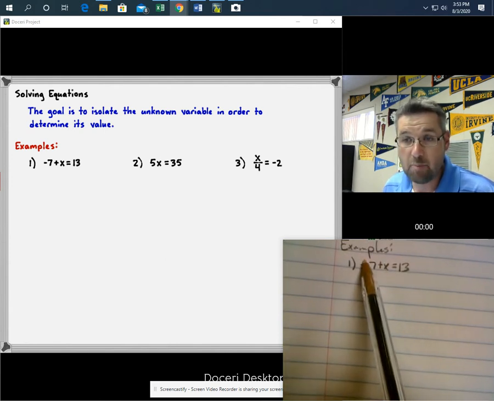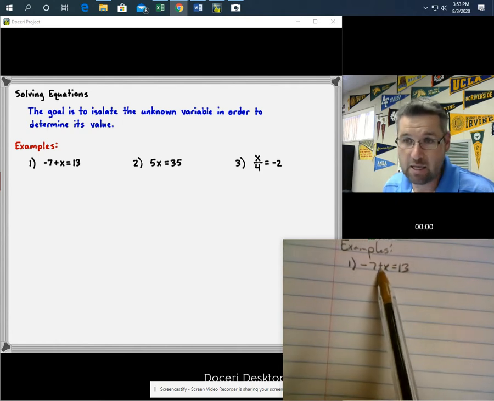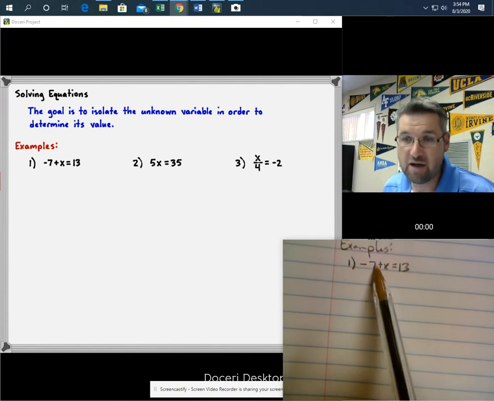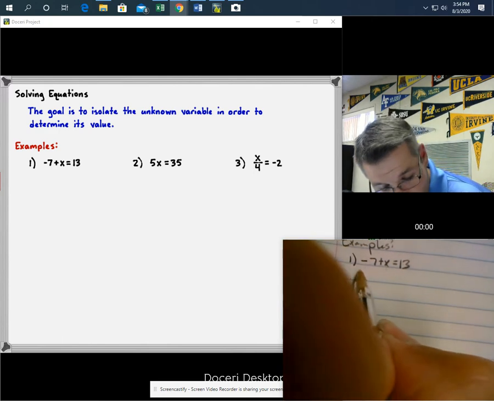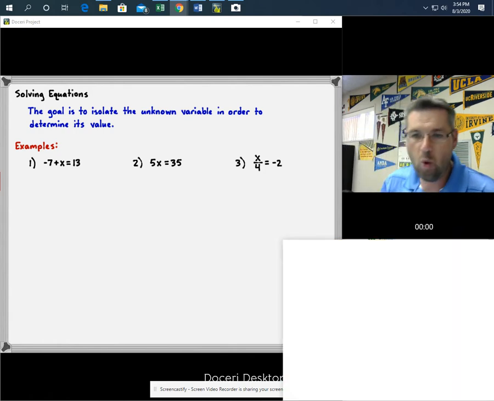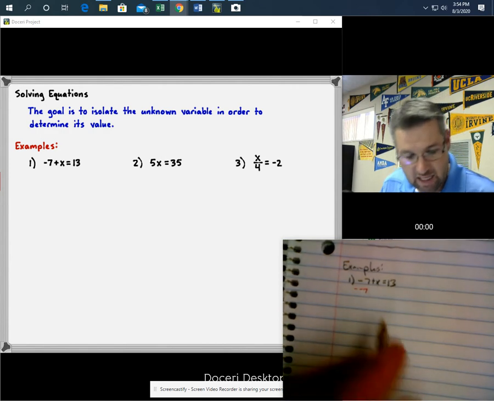And what is the operator that I'm doing with this -7? Well, I'm adding it to x. So I need to do the opposite, essentially, of addition. So I need to subtract a -7. What? Subtract a -7? What does subtract a -7 mean?